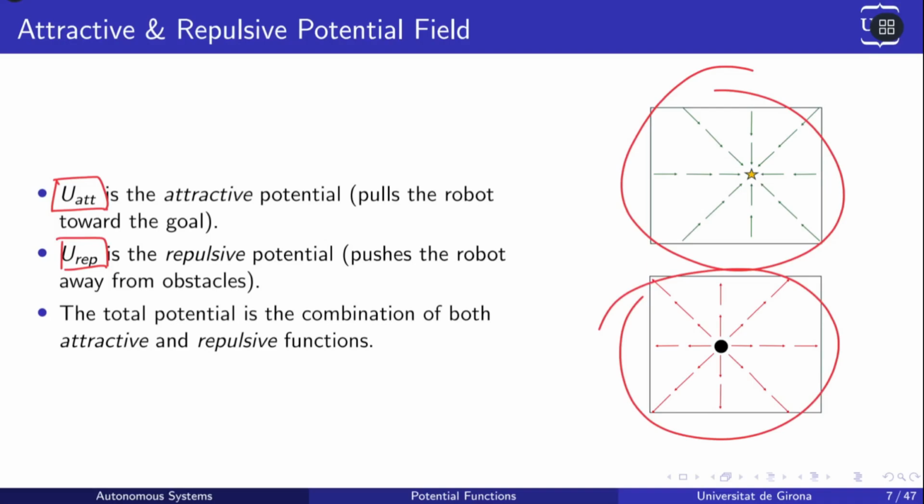And then, in the end, our total potential function will be just a combination of these two functions. If we are able to combine the attractive and the repulsive potential functions, we will have a total potential function so that, wherever we are, in any configuration, we just check the potential function around this current position and follow the one that has the lowest gradient, which will be the one that gets closer to the goal.